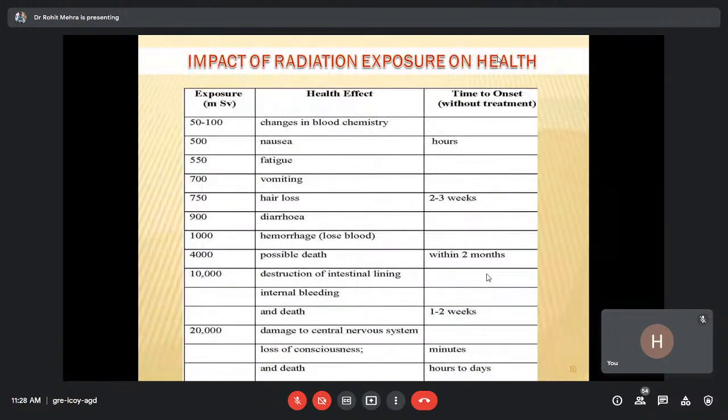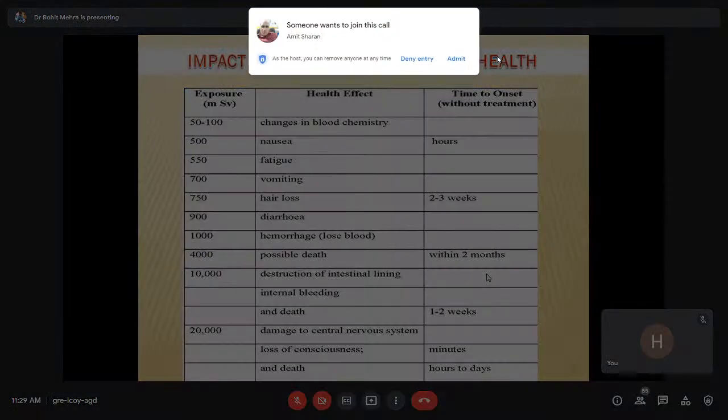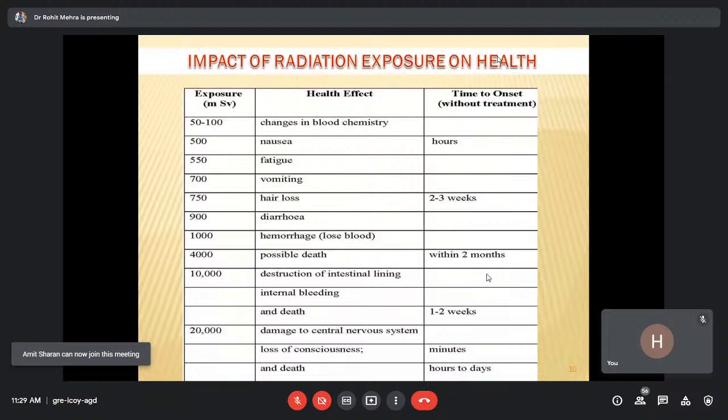Now, this is the impact of exposure I have shown you with the help of just one table, where you could have an idea that if your exposure is 50 to 100 millisievert, it could change your blood chemistry. If the exposure reaches a level of 500, it could cause nausea, and effects will be measured within hours.